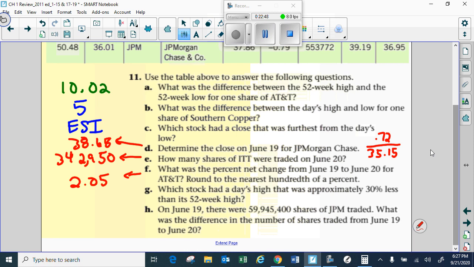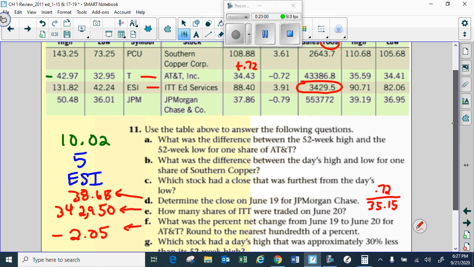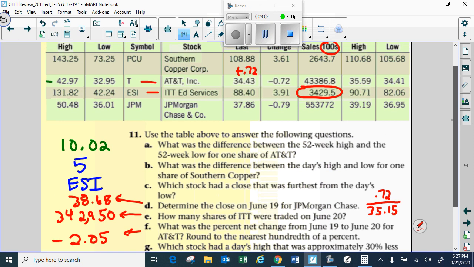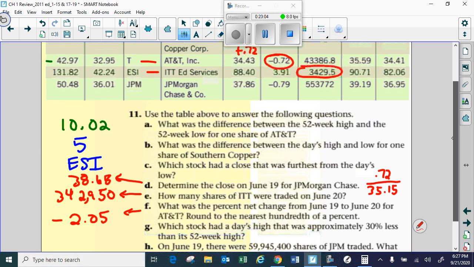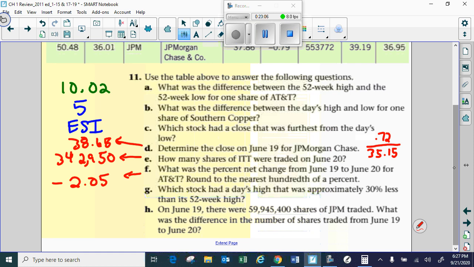And since it went down, you can throw the negative in there because it went down, remember, 72 cents. I'll throw the negative sign in there. That's percent.